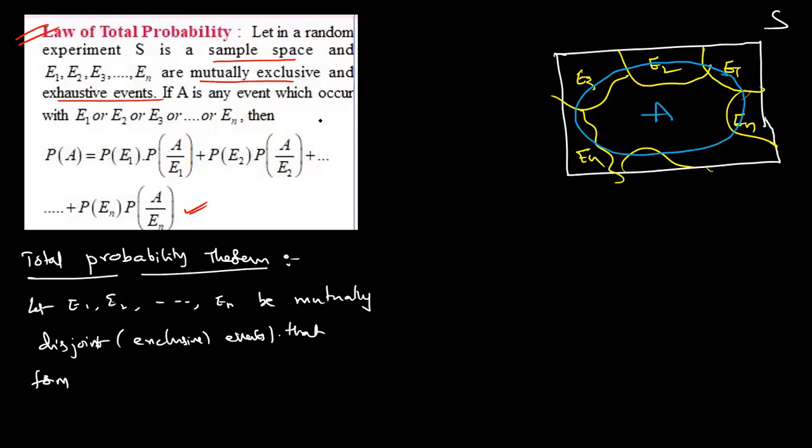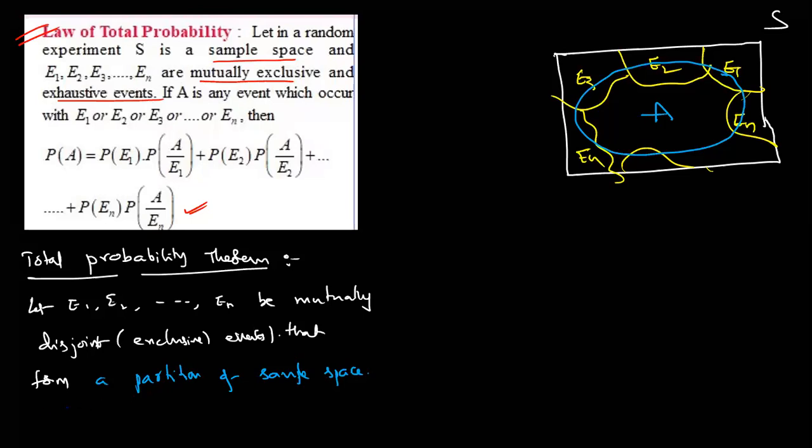The event A is happening with the occurrence of E1 or E2 or E3. Here, my dear students, these form a partition of the sample space.